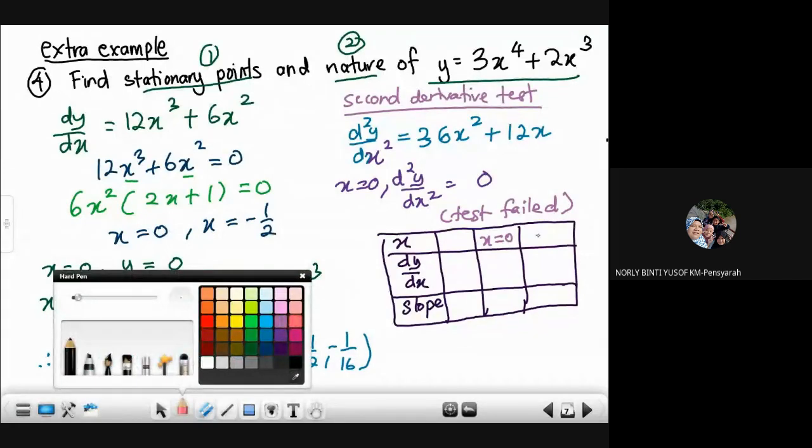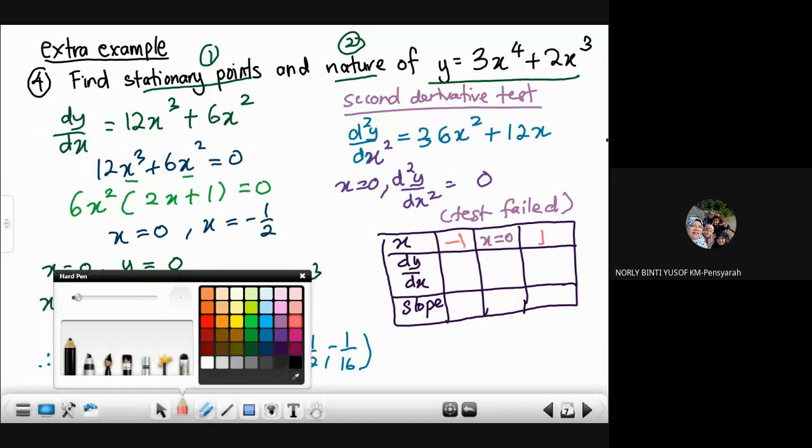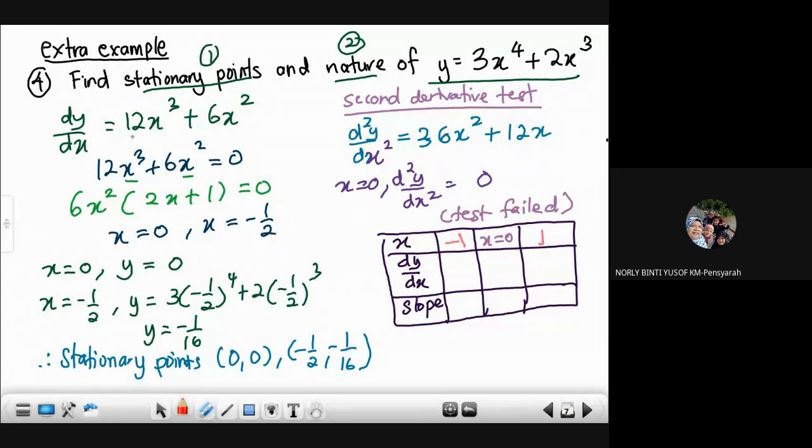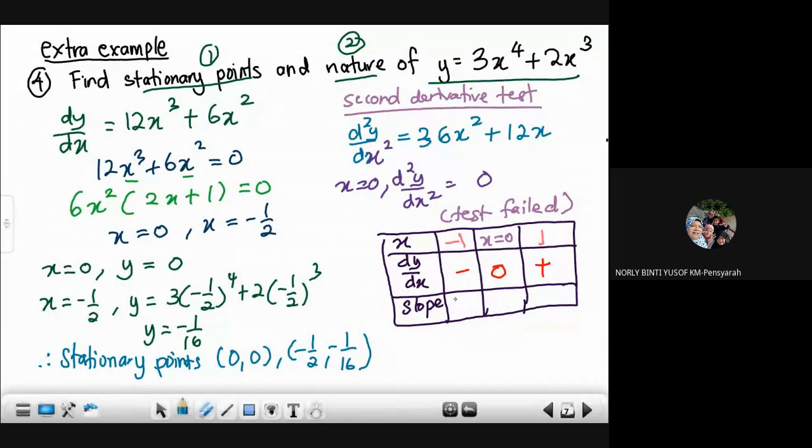Samalah, 1 dan negatif 1. Okay, then masukkan dalam first order ni 12x^3 + 6x^2. Kira nanti sini akan dapat sign negatif. Sini kosong, sini positif. Okay, then you dapat the shape lah. Turun tangga, ni sekata, naik tangga. Okay, so this is minimum point.